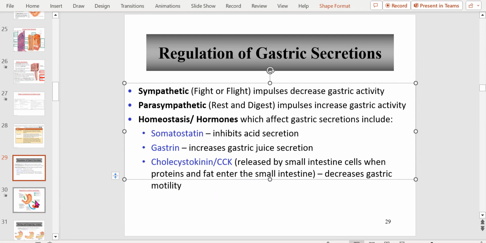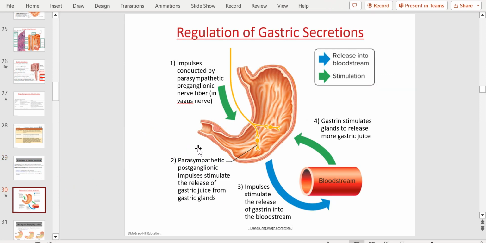Here's a little bit of homeostasis, the regulation of gastric secretions. You'll see here an impulse conducted by the parasympathetic preganglionic nerve fiber, the vagus nerve, and then a parasympathetic postganglionic impulse stimulates the release of gastric juices from the gastric gland.